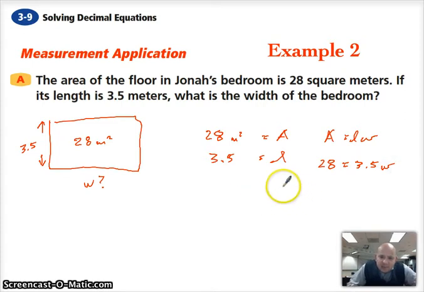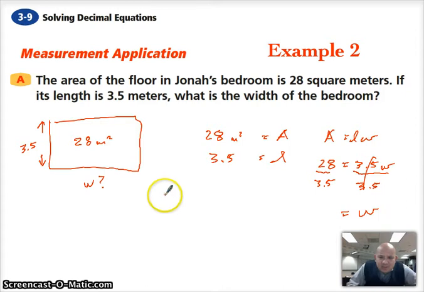When we solve this equation, we need to find the inverse operation of multiplication. Why? Because we want to isolate the W all by itself. In order to do that, we need to divide by 3 5/10. When we divide by 3 5/10, that W drops straight down.